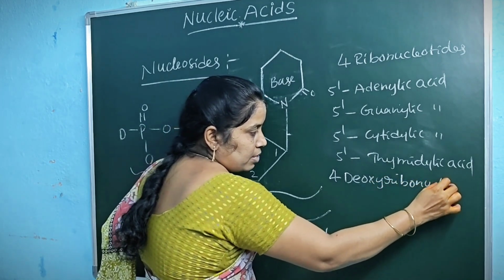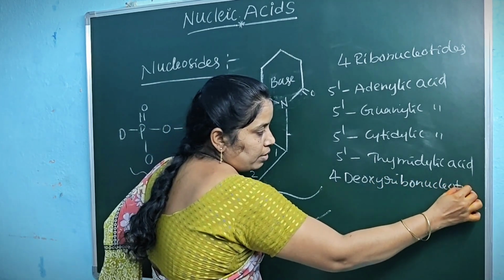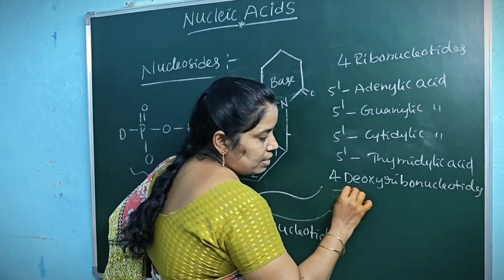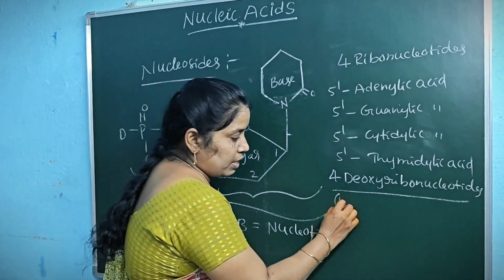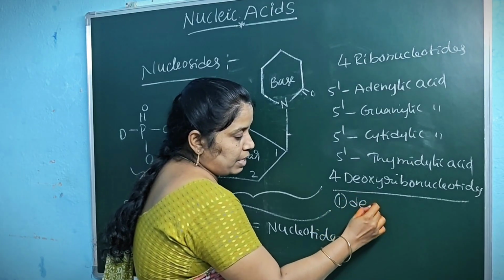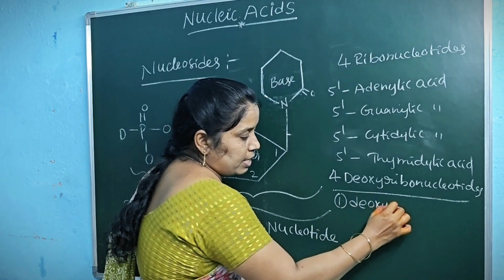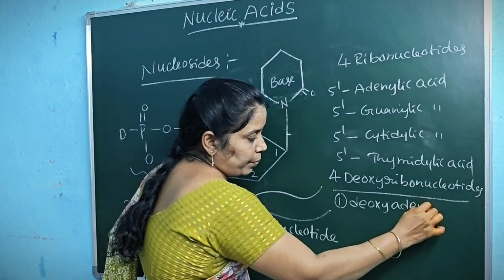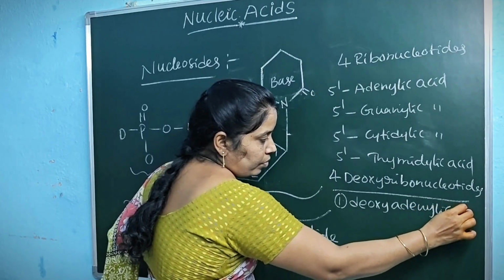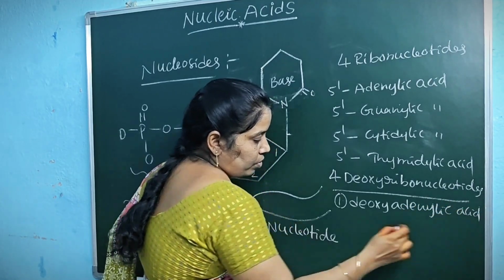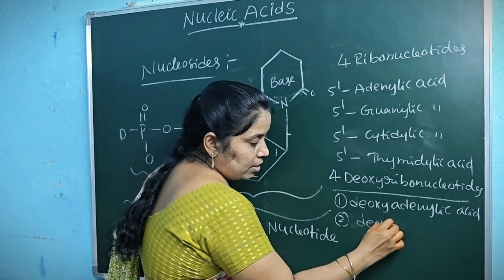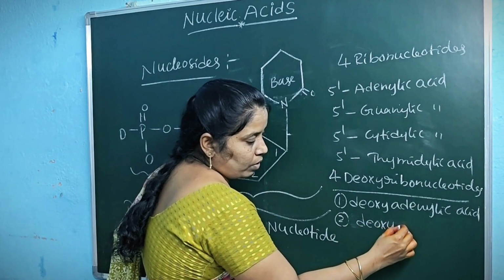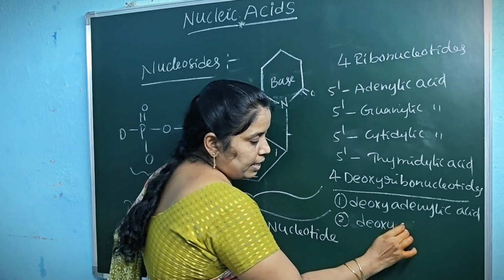That means they consist of deoxyribose sugar. That's why they are called deoxyribonucleotides. Okay. First one is, if adenine is present, that is called deoxyadenylic acid. If guanine is present, then that is called deoxyguanylic acid.